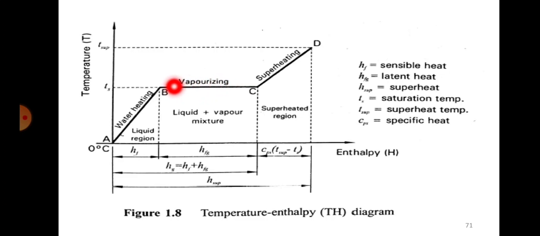The percentage of wet steam will go on varying here. Here the percentage of water will be more, here it may be 50-50, here it is more vapor, and when you reach here it will be absolutely 100% vapor. So that is point C. When you reach point C, there won't be any water molecules present. In other words, it is called dry steam.